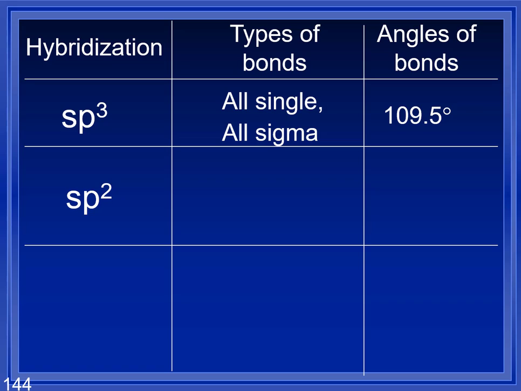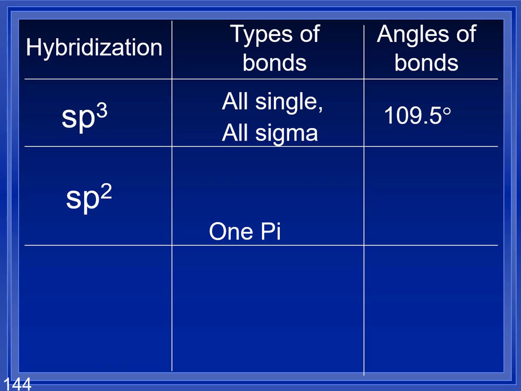If it's sp2, for me, the easiest one to answer is sp2. I left off a p. I'm going to make a pi bond. If I haven't used one of the p's for hybridization, I'm going to use it to make a pi bond. That's why they call them pi bonds, because only p's can make them.